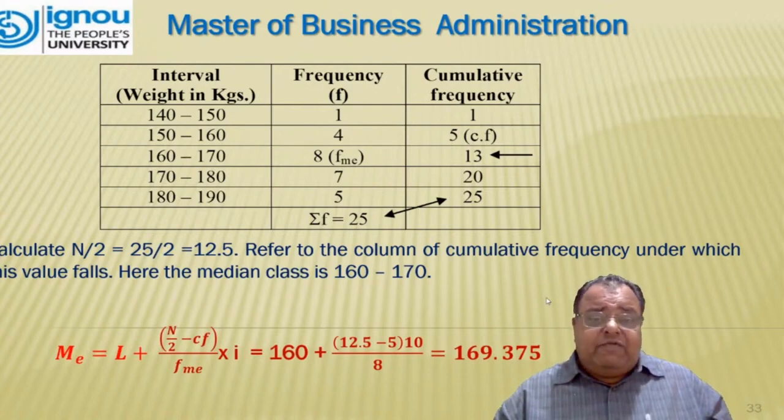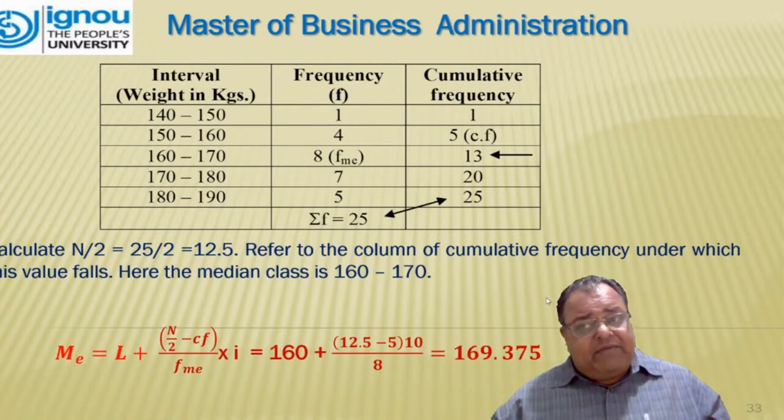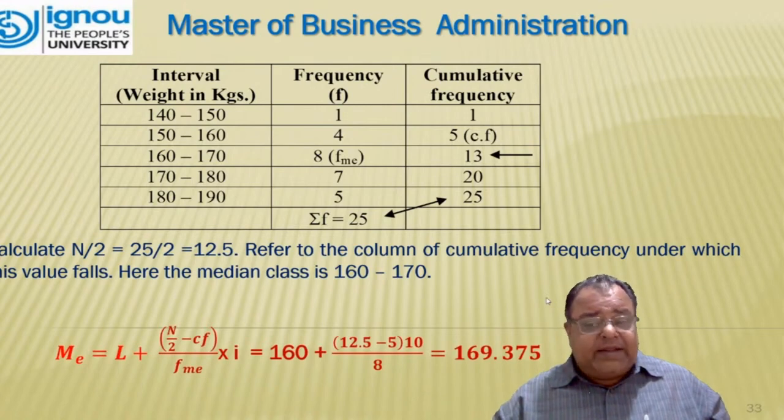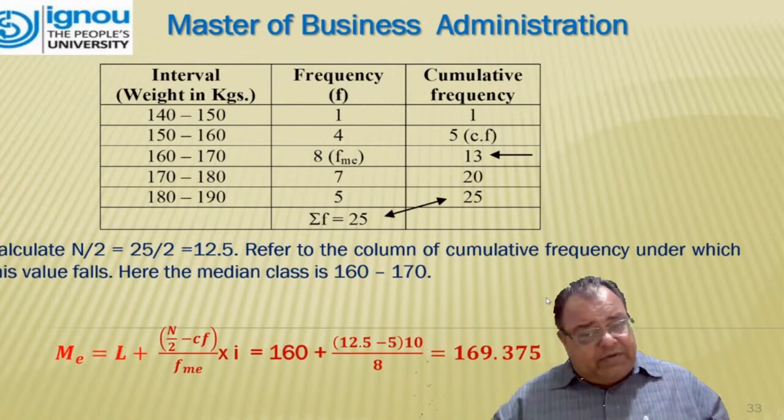In front of frequency 1, you have to write 1, and in the second row, you have to add 1 plus 4. That comes out to be 5. Similarly, 5 plus 8 is 13. 13 plus 7 is 20. And 20 plus 5 is 25.